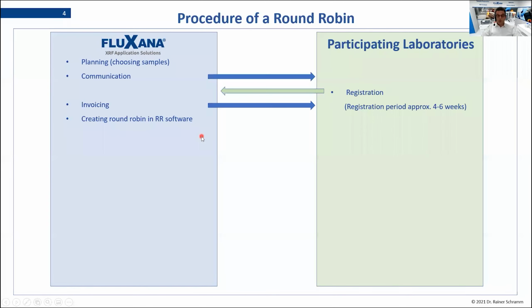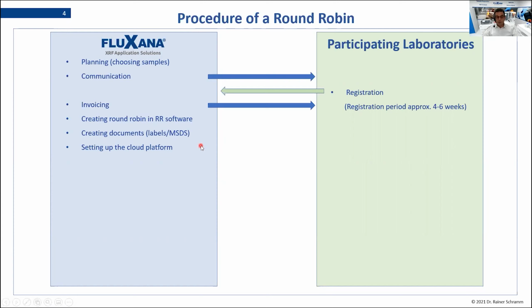Then we have to create it in our round robin software. We use a special software there which also makes sure that all the evaluation procedures are up to date. And once this is done, one task will be to create the material safety data sheets and the labeling, what the name of this round robin sample is.